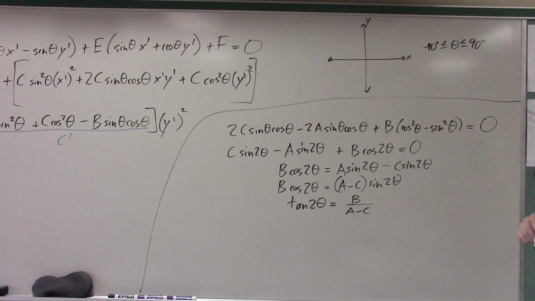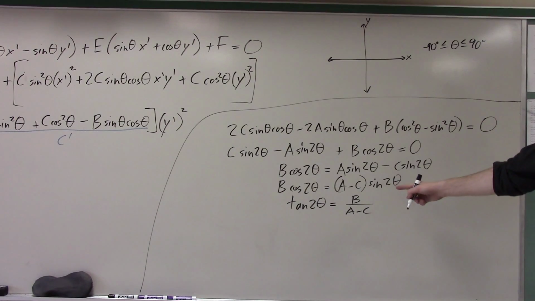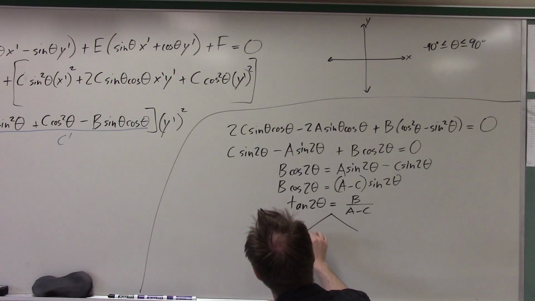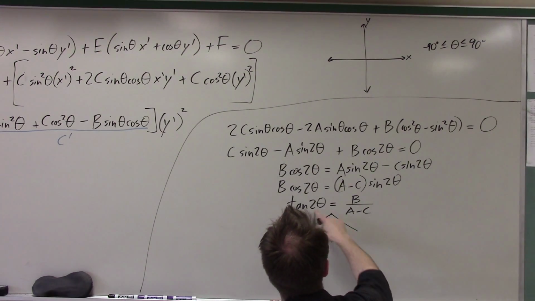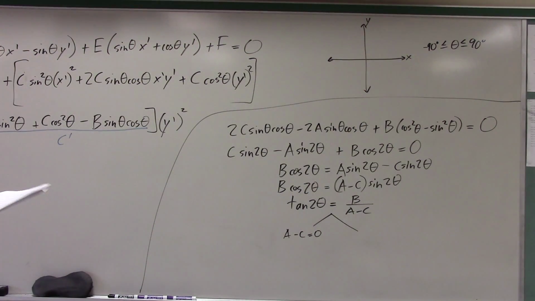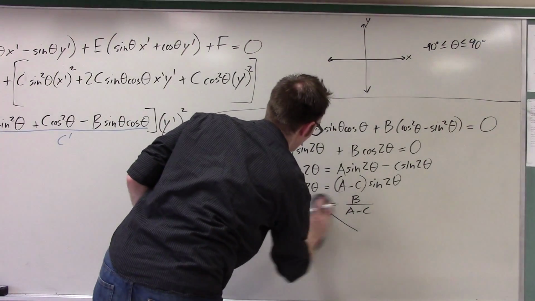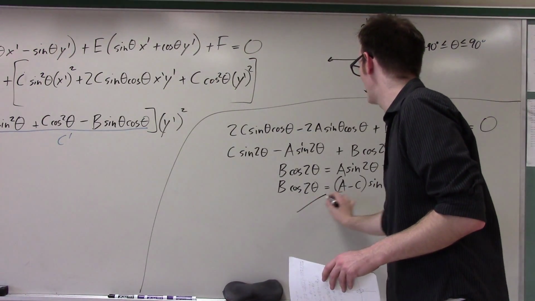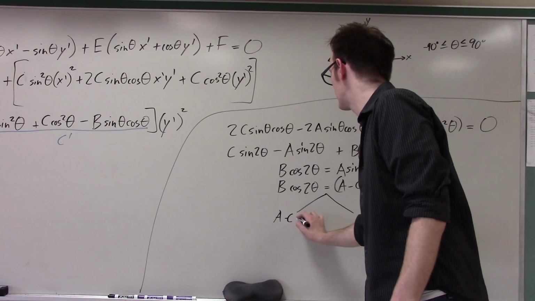Okay, well if theta is between negative 90 and 90, then at this point there are basically only two options. If a minus c is 0, then tan is undefined. I guess this is kind of a crappy way of doing it, come to think of it. Let's maybe just back it up a step, then we get less into undefined issues. So let's suppose from this step that a minus c is 0.